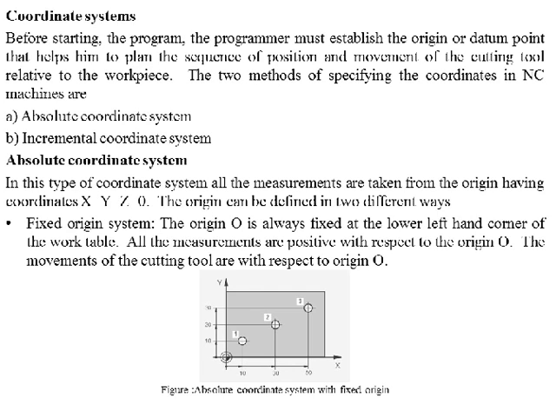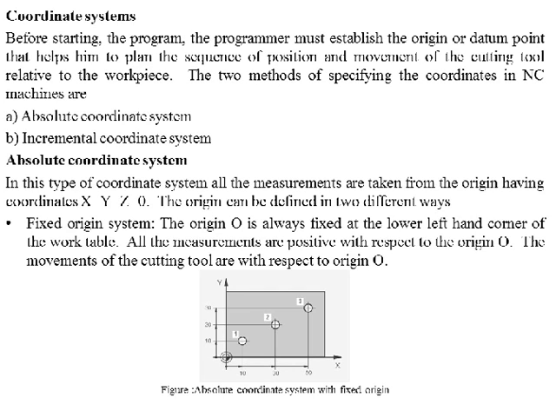In this type of coordinate system, all the measurements are taken from the origin, that is the point where x is equal to 0, y is equal to 0 and z is equal to 0. The figure below shows an absolute coordinate system with fixed origin.